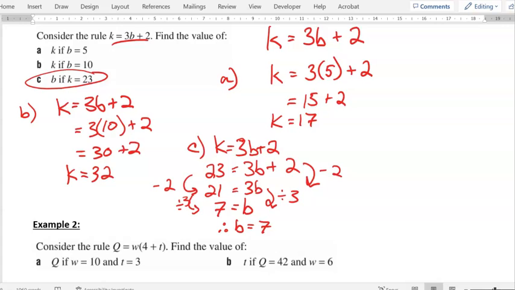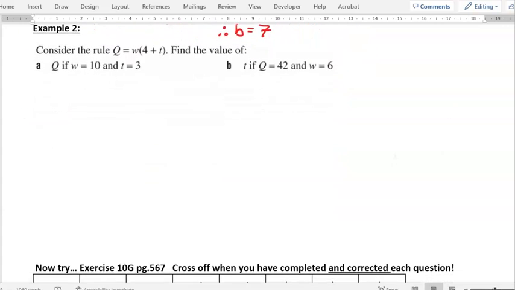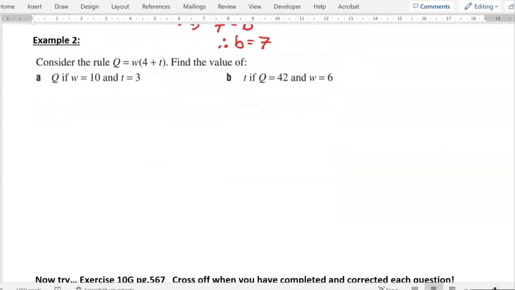So there'll always be something to get us going. Let's do a couple more. Consider q equals w times (4 plus t). So we've got a bracket there. Find the value of q. So q is still our subject. We still write the same thing out. If w is 10, I'll substitute 10 there, and t is 3. Okie dokie.